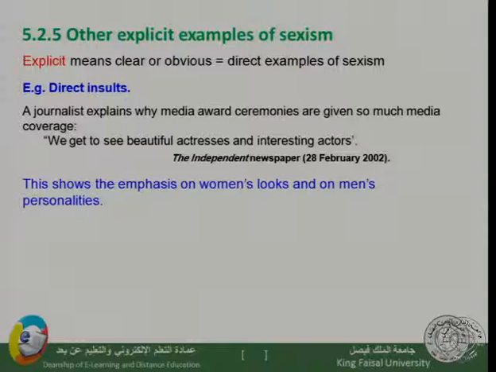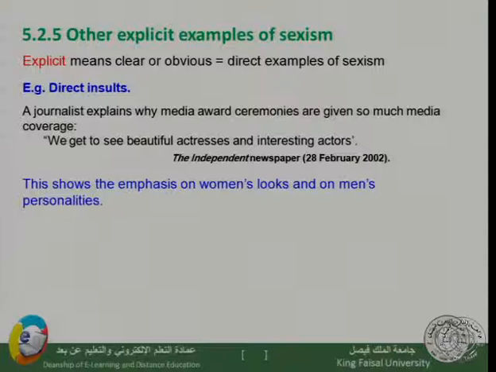A direct example of sexism: a journalist explains why media awards ceremonies are given so much media coverage, and he says, "We get to see beautiful actresses and interesting actors." He says this sentence to tell us why the ceremonies of giving media awards take a lot of media coverage.